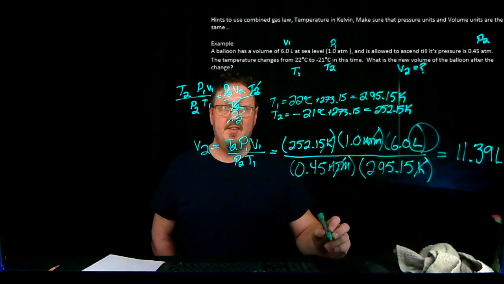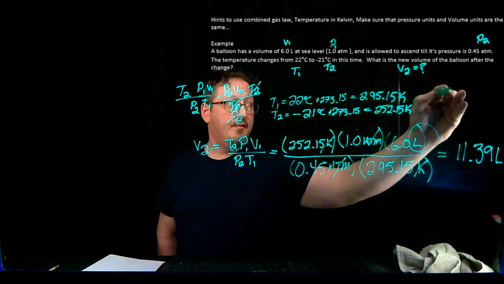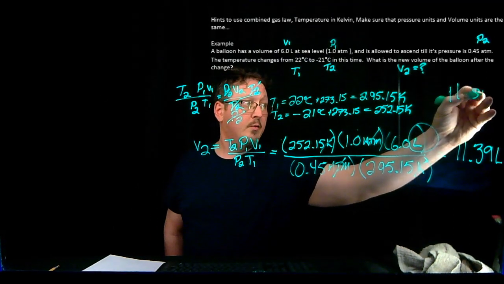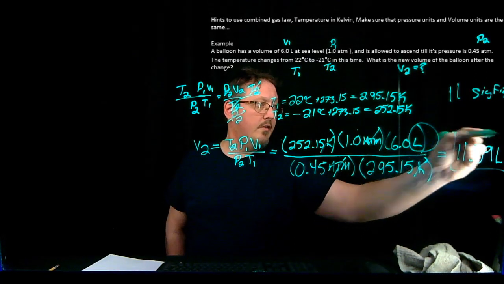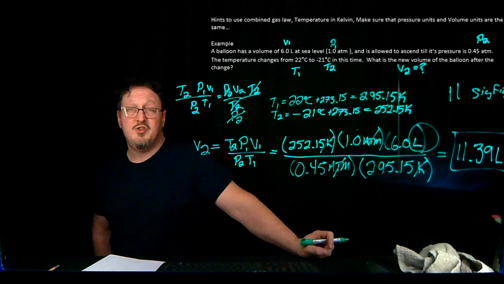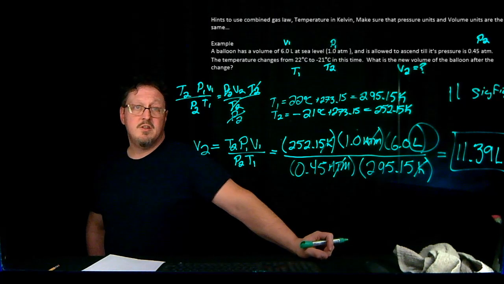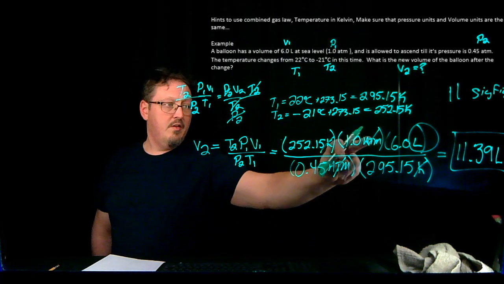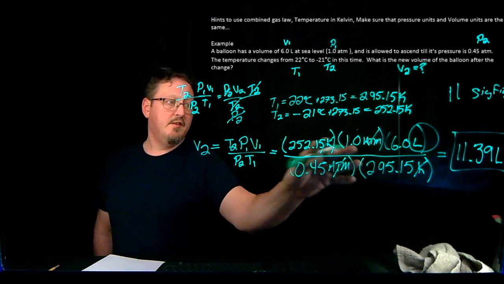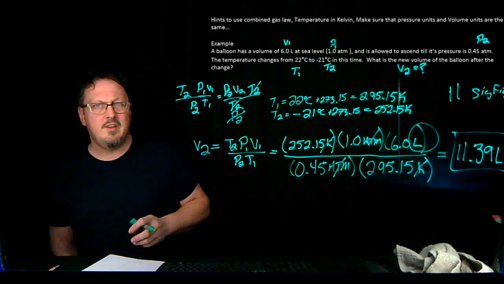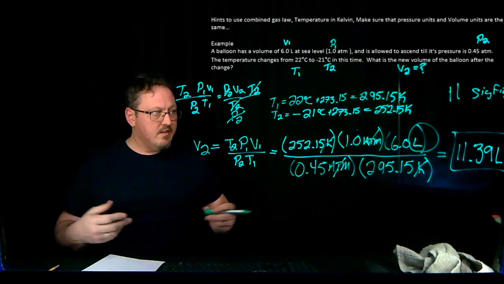If we're going to be pedantic about it and round it to sig figs, it's going to be 11 liters. Now our volume just about doubled, which makes sense when we think about the 1 and the 0.45, and this isn't quite a half, so we did okay there. So I think that we're right.